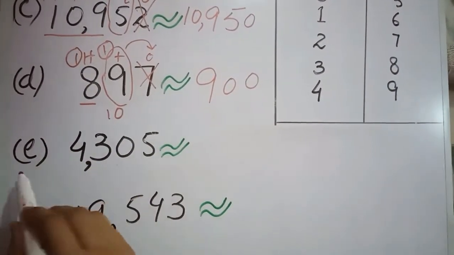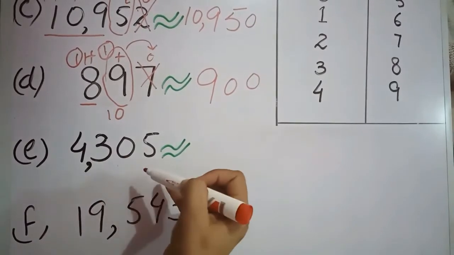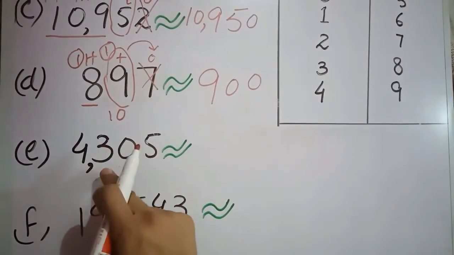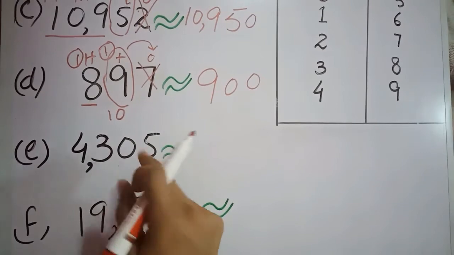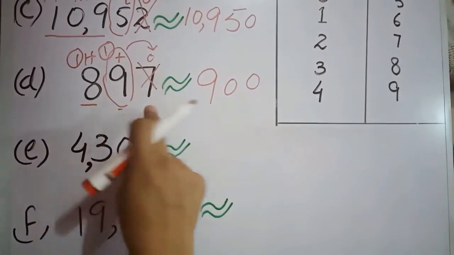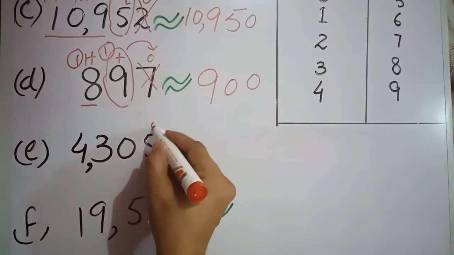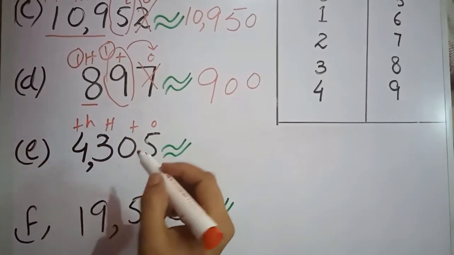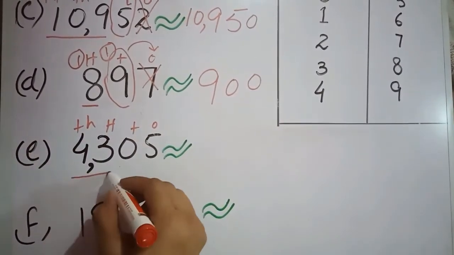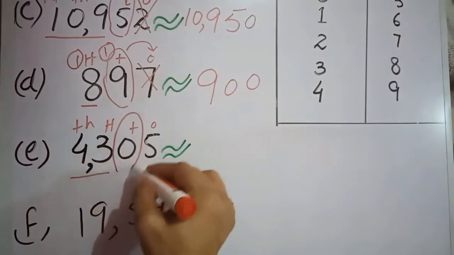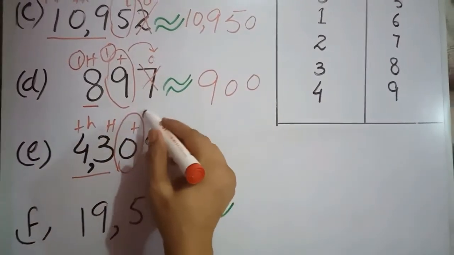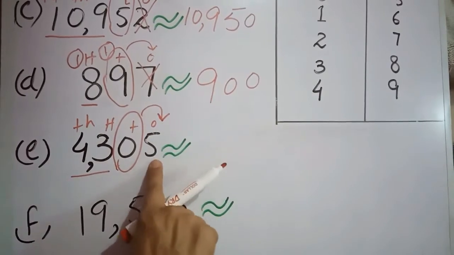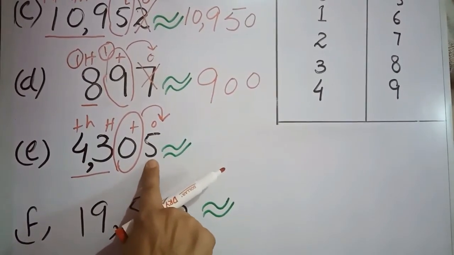Now in the E part, the next question is 4305. First of all we will put place values: ones, tens, hundreds and thousands. The 4 and 3 are constant numbers. You have to round off the tens place by looking at the next digit in the ones place.